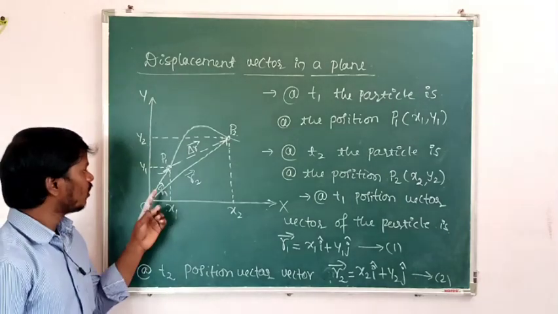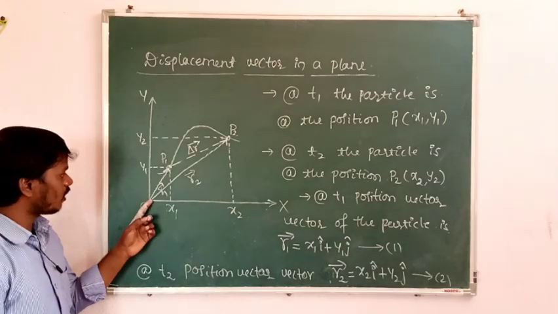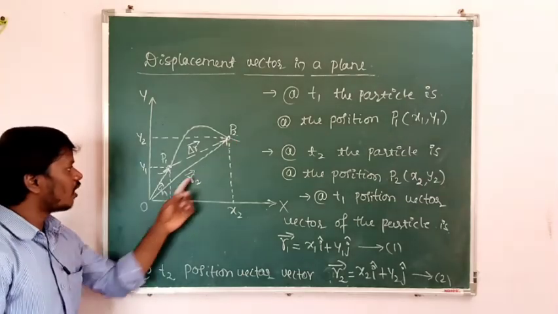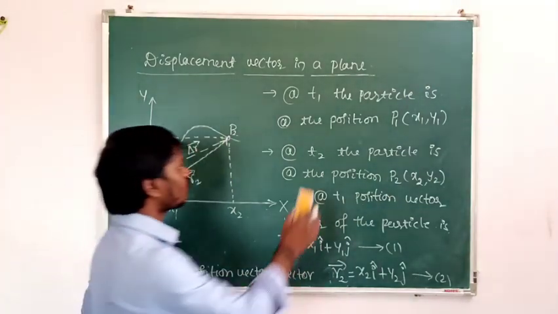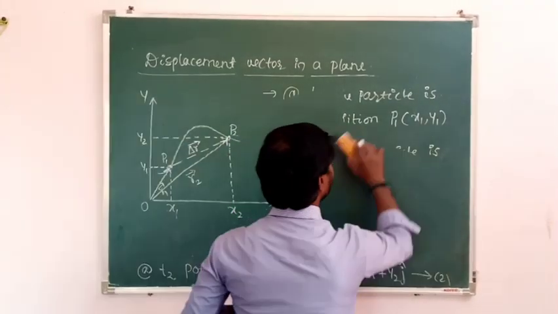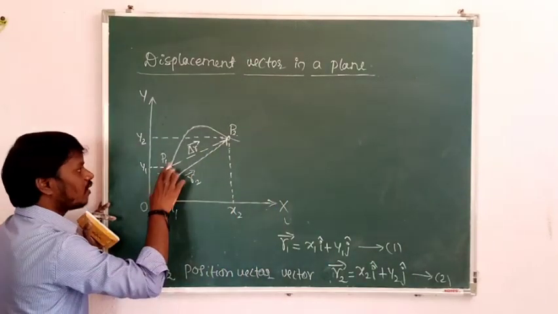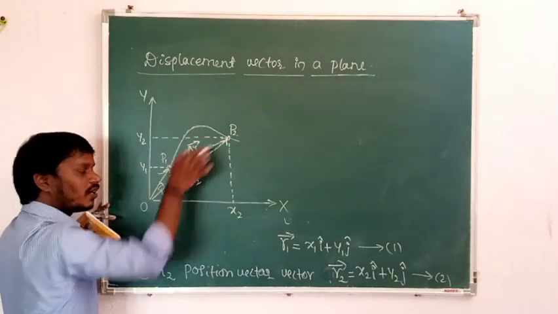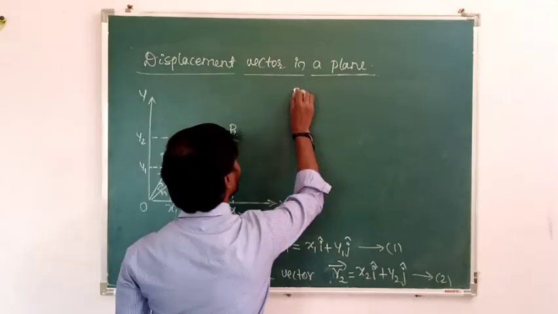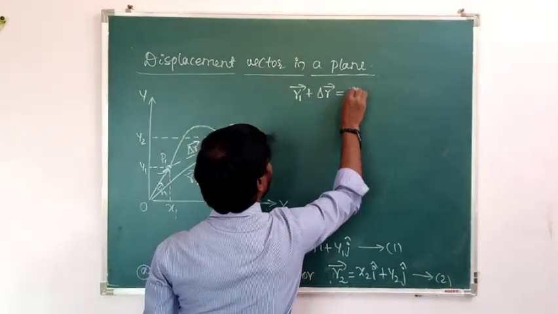See here, from this diagram what we concluded: vector r1 and delta r are both in the same order, but r2 is in the opposite order, by using the triangle law of vector addition method. So r1 plus delta r is equal to r2.